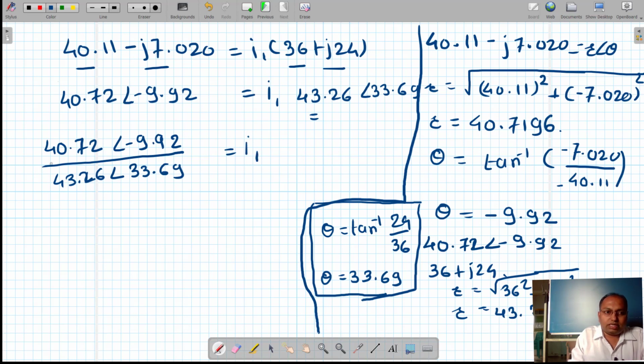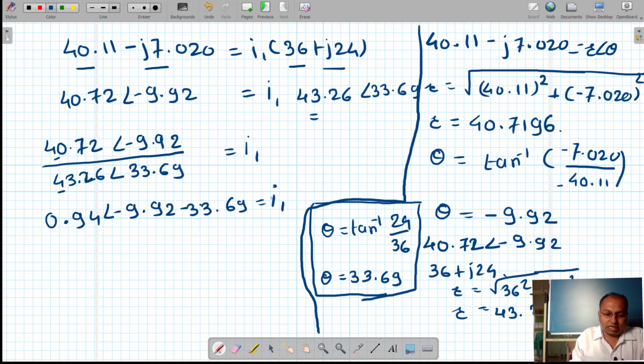Now let us divide these real values. 40.72 divided by 43.26 is coming as 0.94. Then remember that it is a division of angles, so we need to subtract: minus 9.92 minus 33.69.